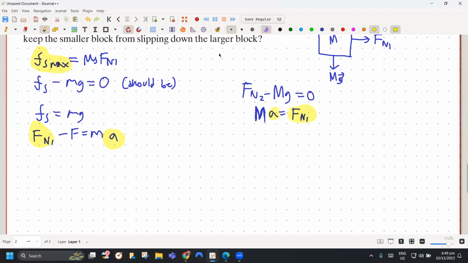So, tingnan mo. We have two equations with two unknowns. So, express acceleration and normal force in terms of the known, which is big F, small m, big M.